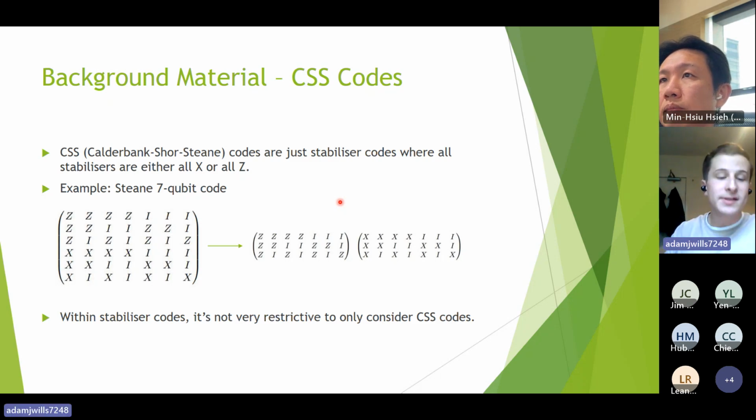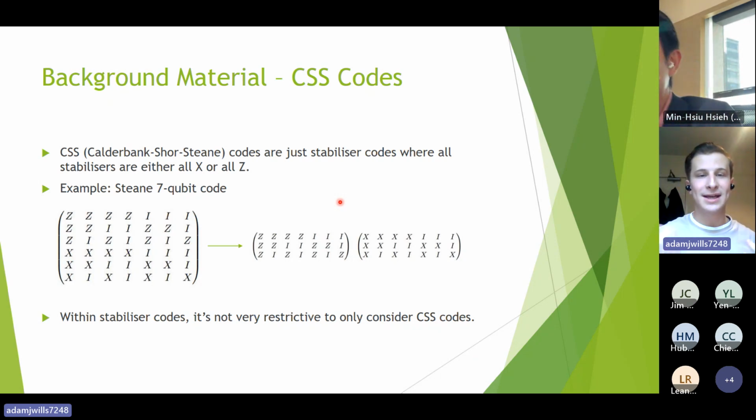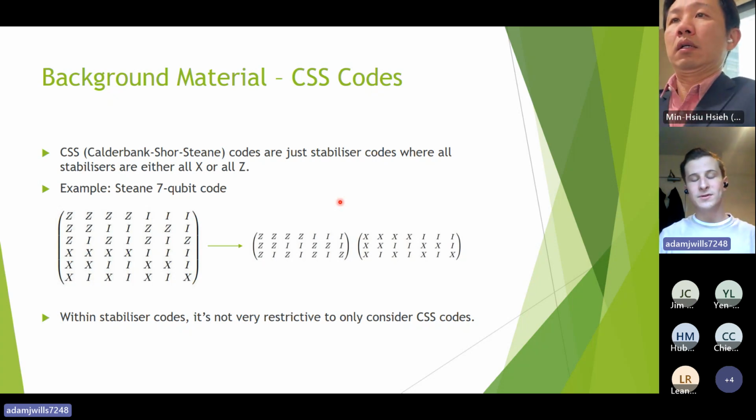And so why are we considering CSS codes? The first reason, the reason I suppose we're allowed to, is it's not very restrictive to just consider CSS codes within the class of stabilizer codes. There is in fact this result that takes any stabilizer code and turns it into a CSS code and only incurs a constant factor hit on all of the things we care about.